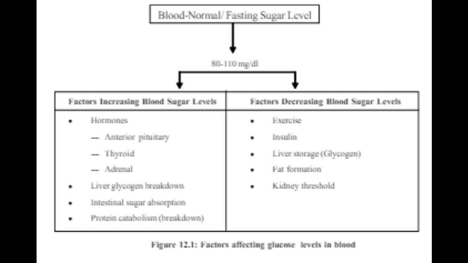Now, we shall see what are the symptoms of diabetes. Let us find out. 12.3 Metabolic aberrations and symptoms. We all know that insulin exerts an important role in the maintenance of normal blood glucose levels through its effect on the metabolism of carbohydrate, fat and proteins.